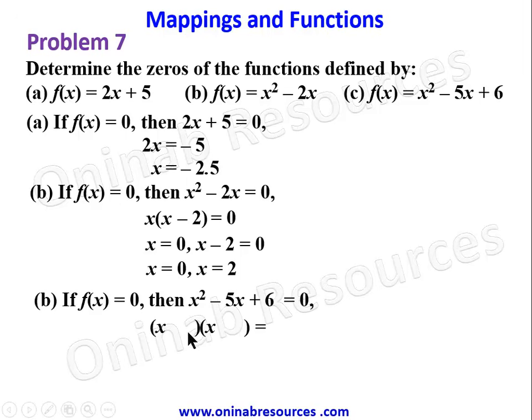So we have negative 2 here and negative 3 here, which means x minus 2 is equal to 0, x minus 3 is equal to 0, and finally we have x is equal to 2, x is equal to 3. And that is the end of the solution to problem 7, and invariably this is the end of this tutorial.